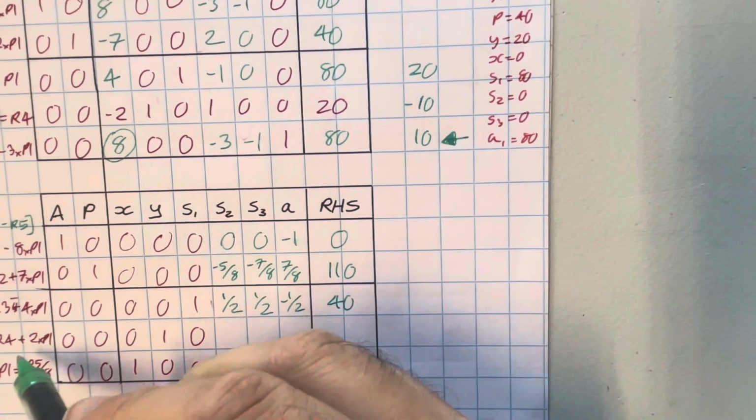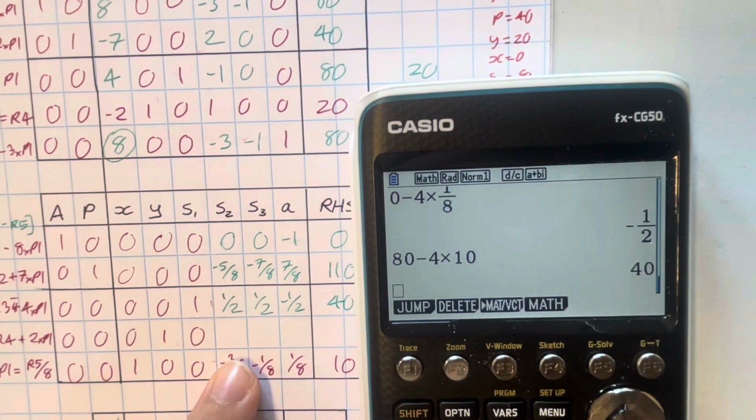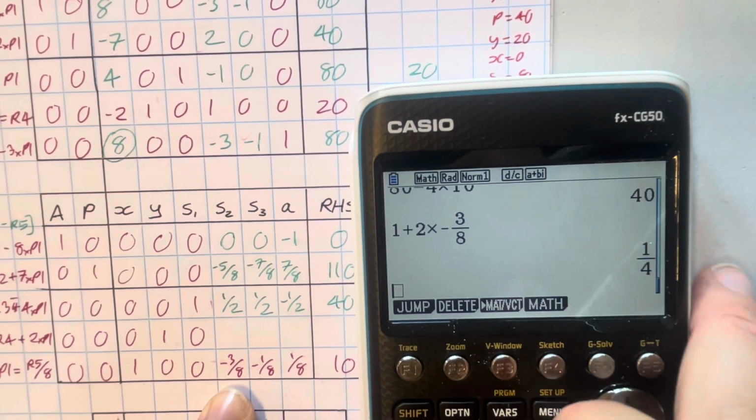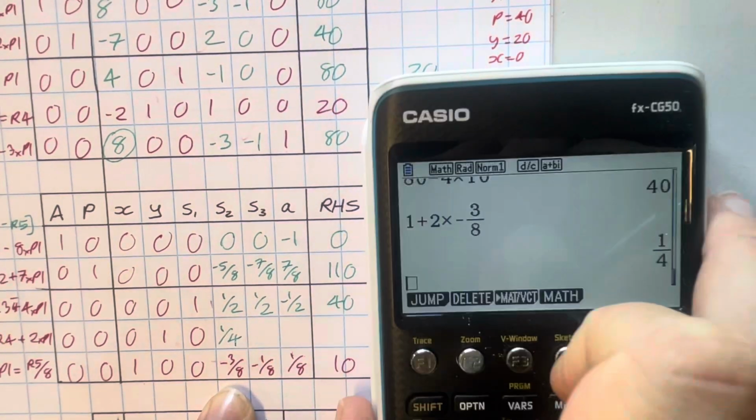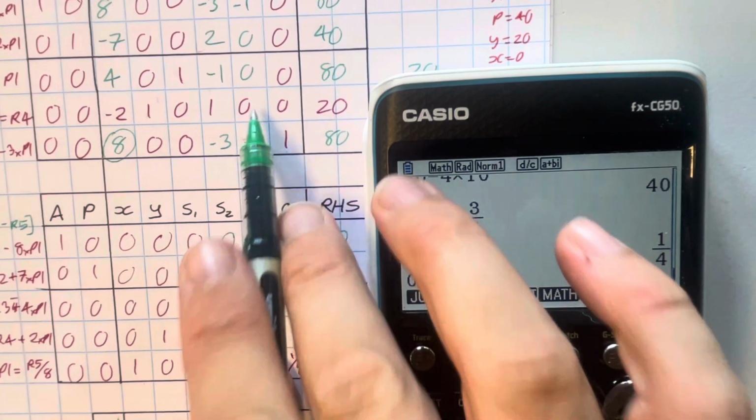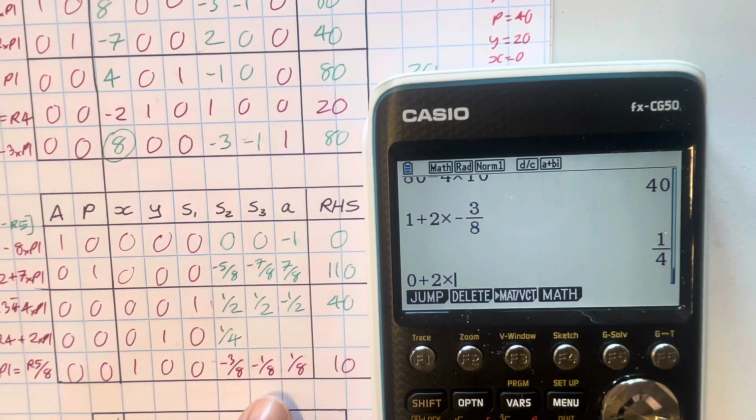And then our final row is row 4 plus 2 times the pivot. So row 4 is the number 1 plus 2 times the pivot, which is minus 3/8. So that gives us a quarter. And we've got 0, previous entry, plus 2 times the pivot, which is negative 1/8. So that's negative a quarter.